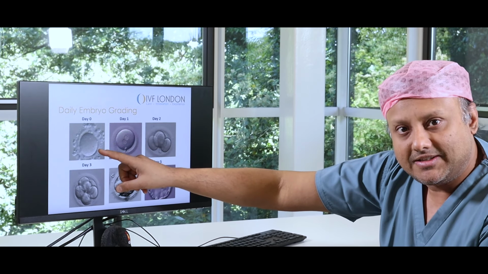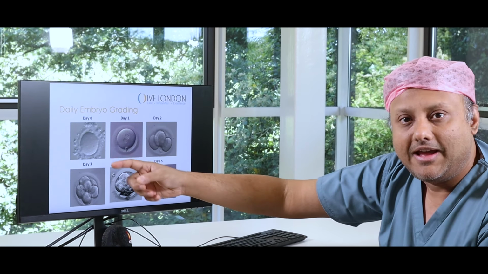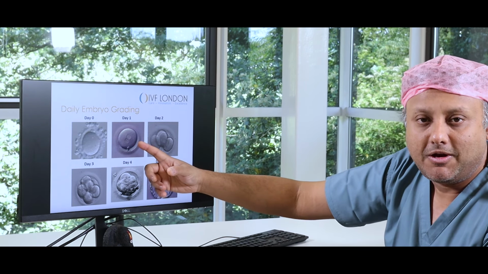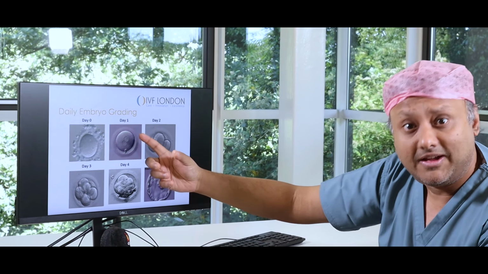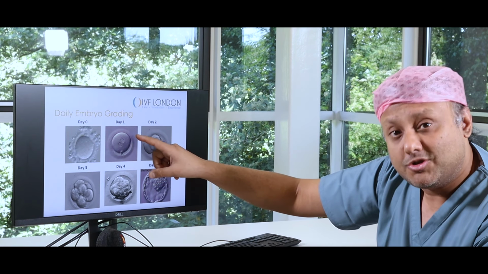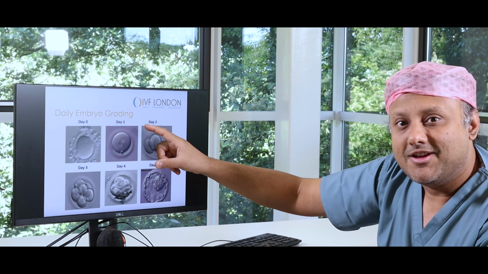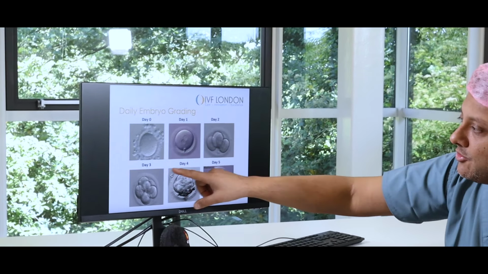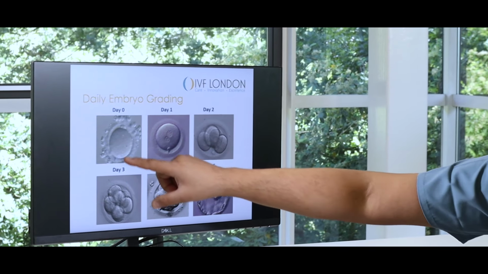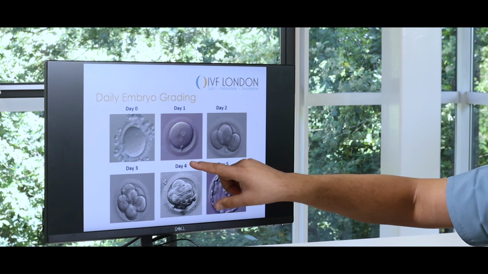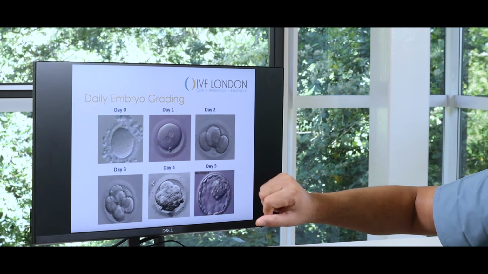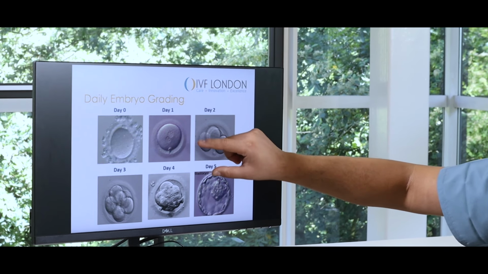Once we inject the sperm or expose the egg to sperm, after 18 hours it should hopefully fertilize normally or successfully. And on day 1, as we call it, or 18 hours after insemination with the sperm, we find that there would be 2 pronuclei in the middle of the egg.